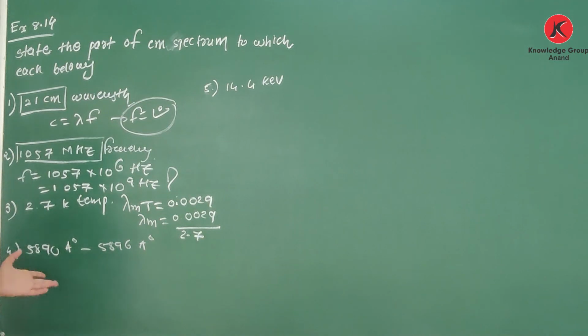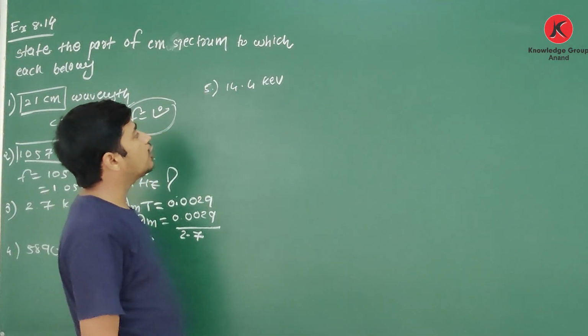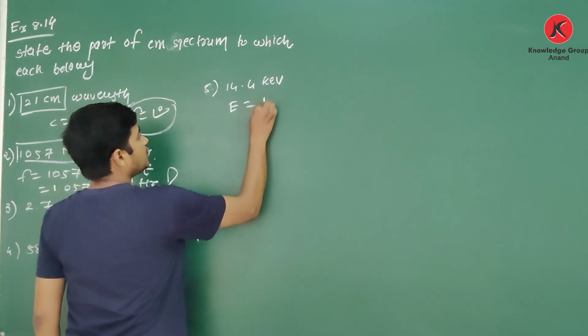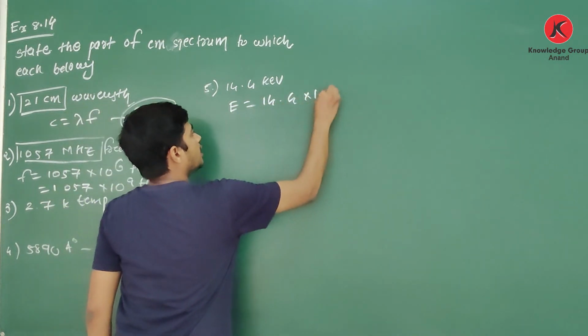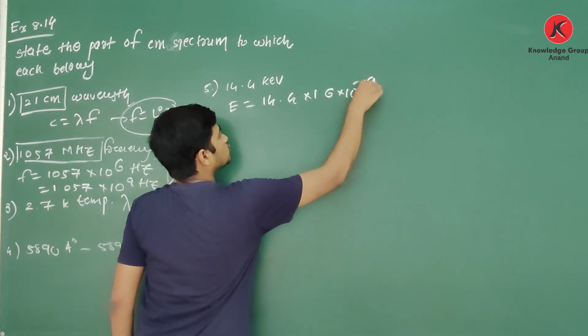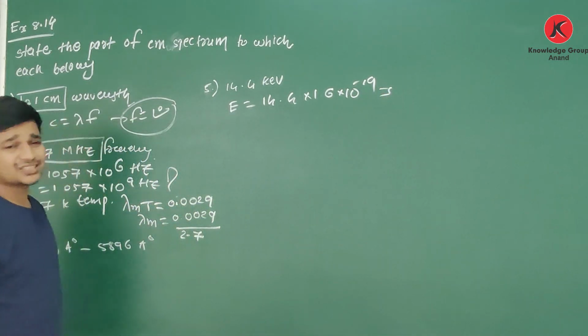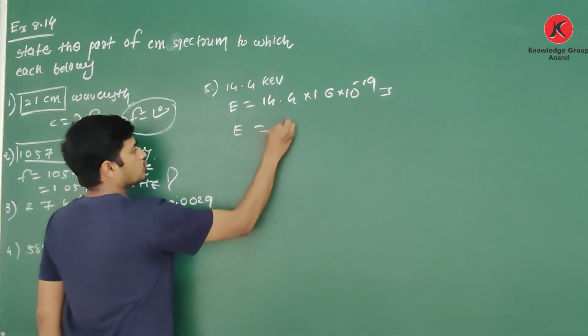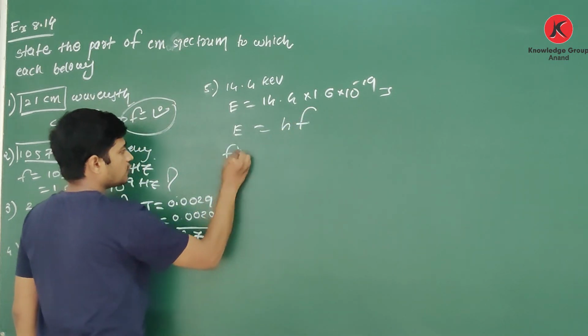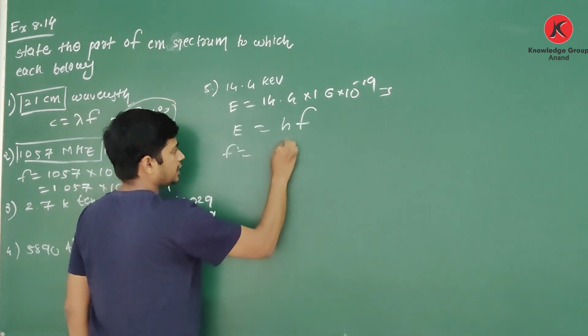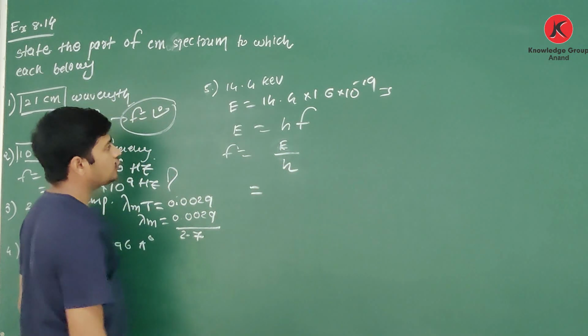Last question, 14.4 kiloelectronvolt means it is energy. E is equal to 14.4 into 1.6 into 10 raised to minus 19 joule. Yes, it is joule. We know the equation of E: E is equal to hf, so f is equal to E upon h. What is the value of E?